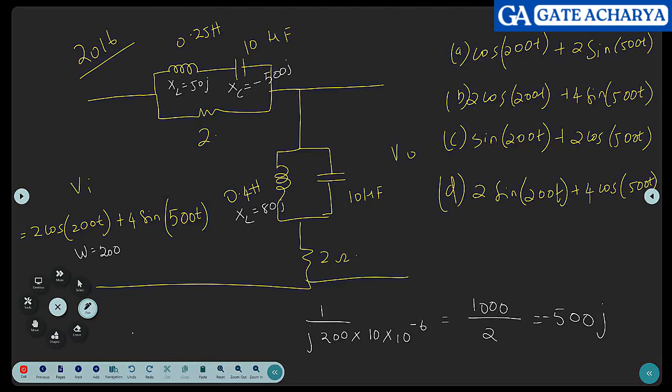And here this one, same, minus 500J. So what will be the net impedance here? When you do parallel of these two, 80 and 500, what do you get? For 200, how about 500?